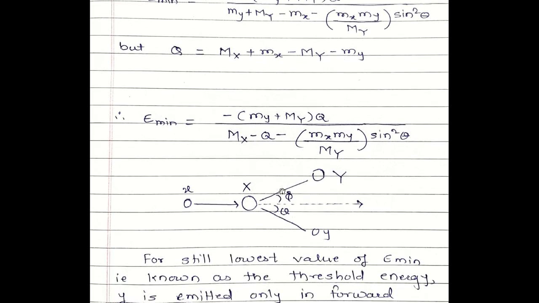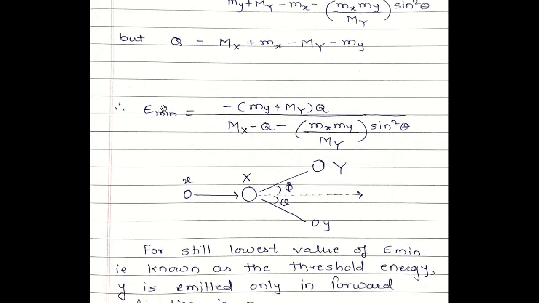Again here we can find an even lower value of this E. How can we obtain the lowest value of E minimum? For the lowest value of E minimum, the product particle will not go in any other direction, but will go in a straight direction.